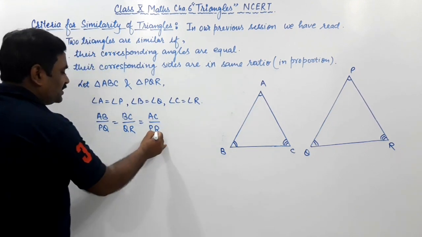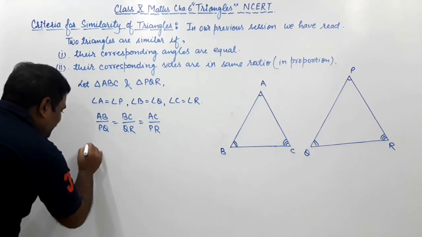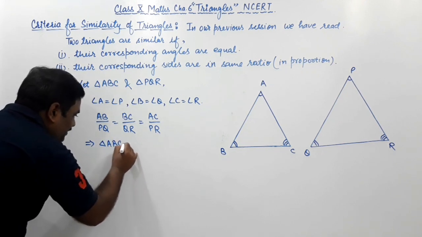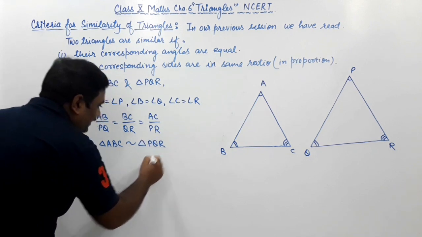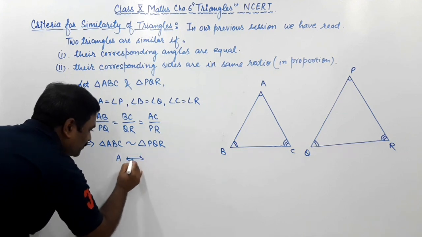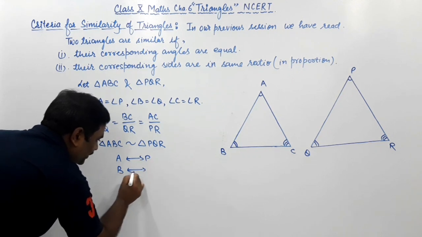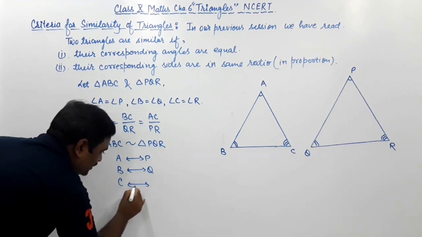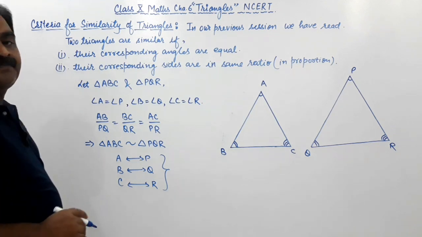If these two conditions are applied on these two triangles, then you can say that triangle ABC is similar to triangle PQR, and A corresponds to P, B corresponds to Q, and C corresponds to R. So these are the corresponding vertices.